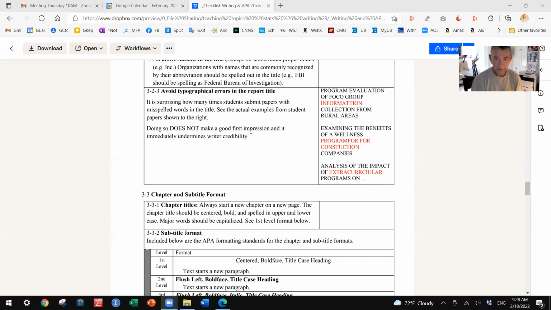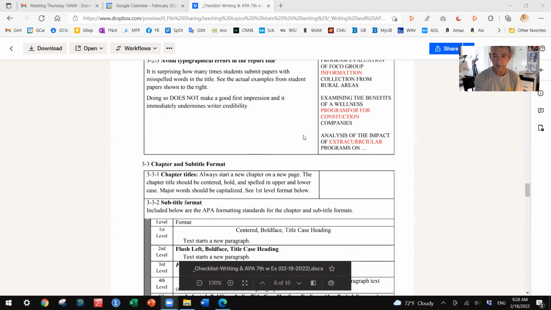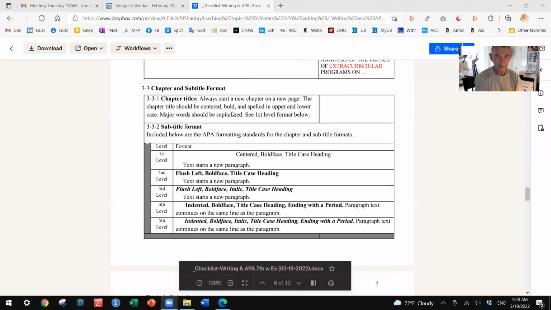So look at these examples on the right-hand side. These are real examples, right? Information, it's got 2 T's. Down below, program 4 construction, right? And then you can see on the 3rd example, extracurricular is spelled wrong. So just be careful; have somebody look at that title before you submit it.